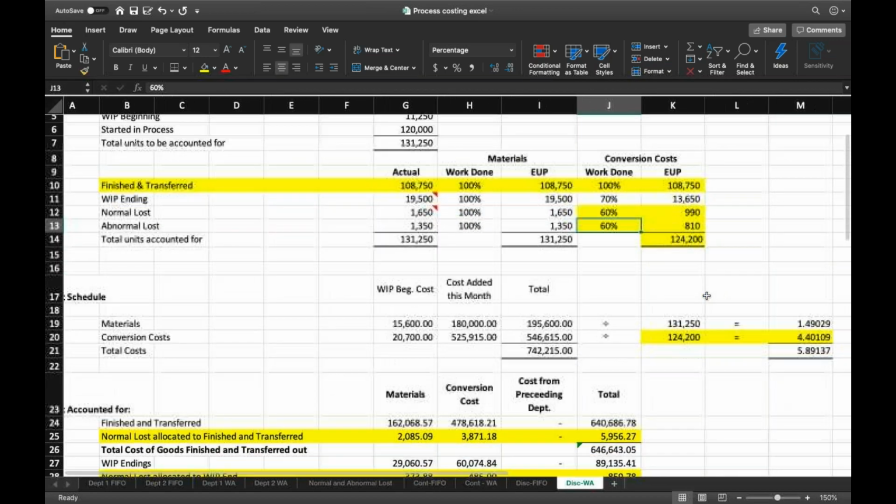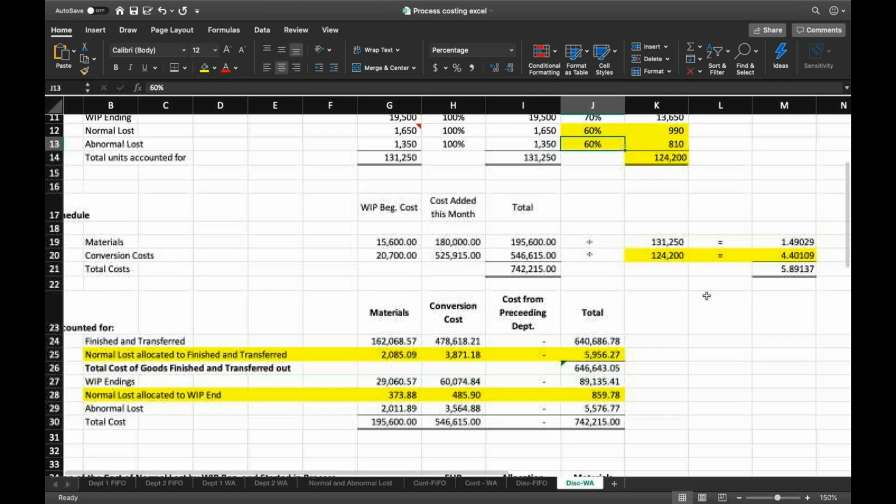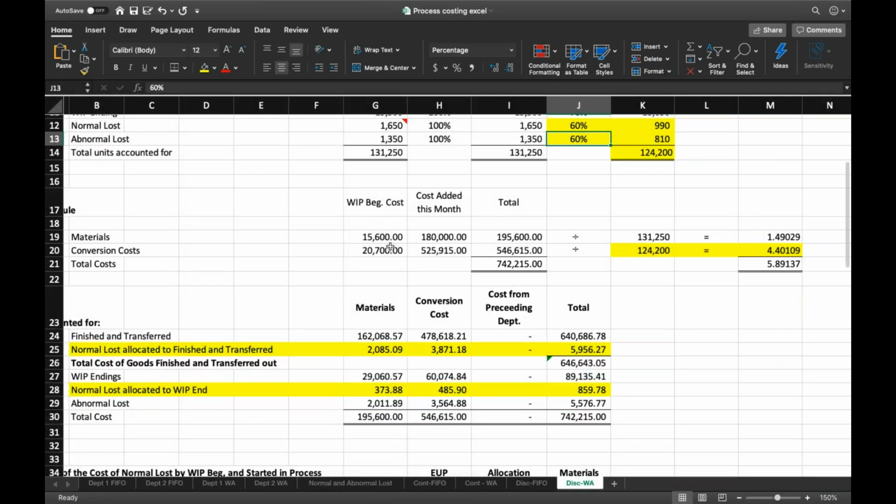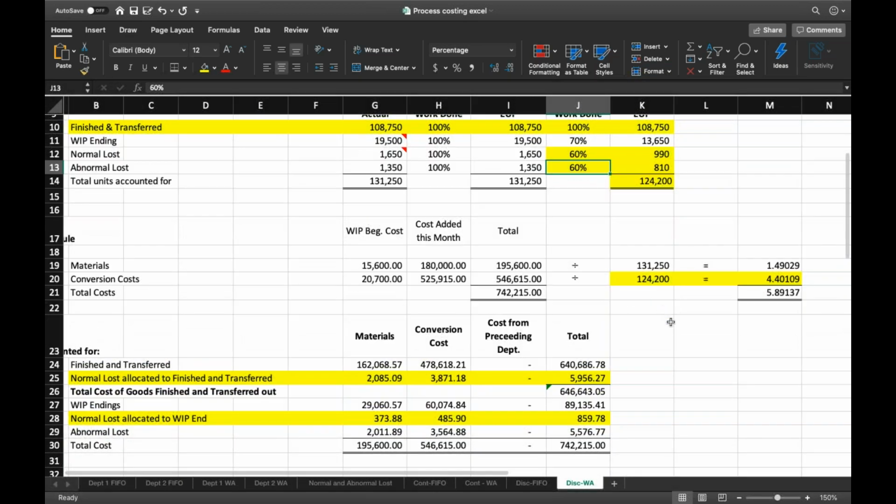Because this is weighted average, the work in process beginning cost will be added to the cost this month, and then that will be divided by the EUP. Here we have a difference: in continuous loss, the inspection point is at the end, so 100% here. Here, at the 60% inspection point, so 60% also, 124,200.